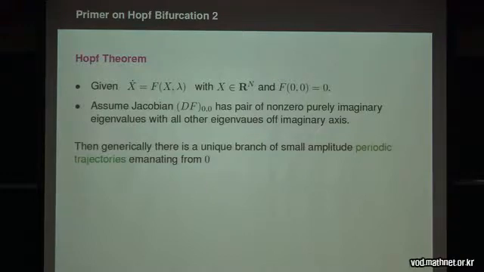So it's very simple. There are various Hopf theorems, and this is the simplest one, which I'm pointing to. If you can find purely imaginary eigenvalues, then you will find periodic solutions.